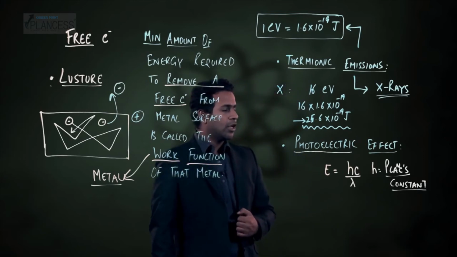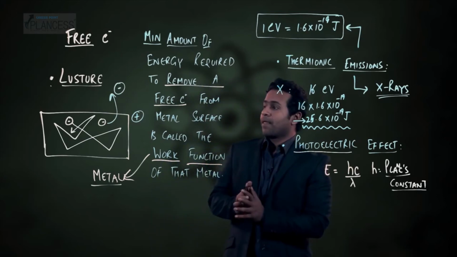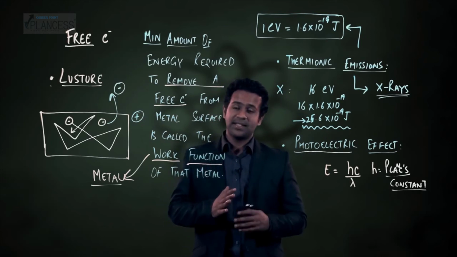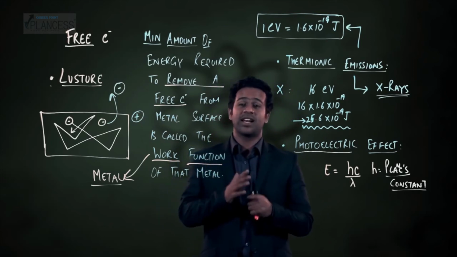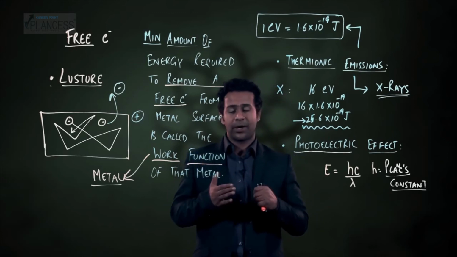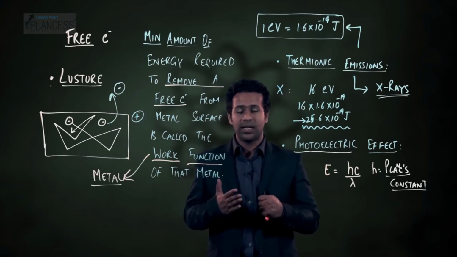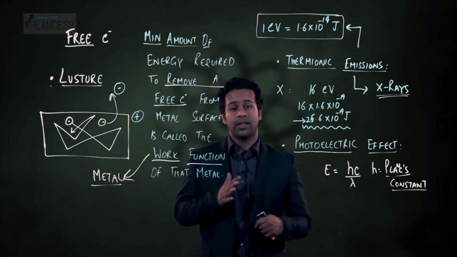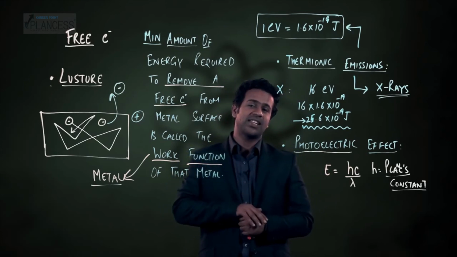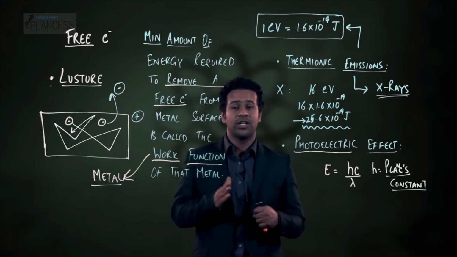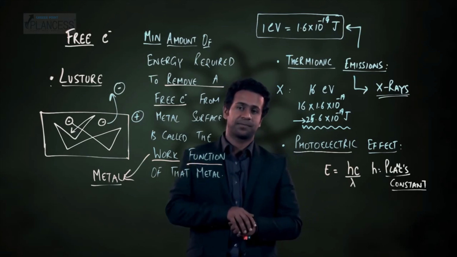Right. So, we discussed that metals have free electrons, and these free electrons are electrons which are out of their valence shell because their interaction with the nucleus is not very strong. Then we saw that the minimum energy required to eject such an electron out of the surface is called its work function.